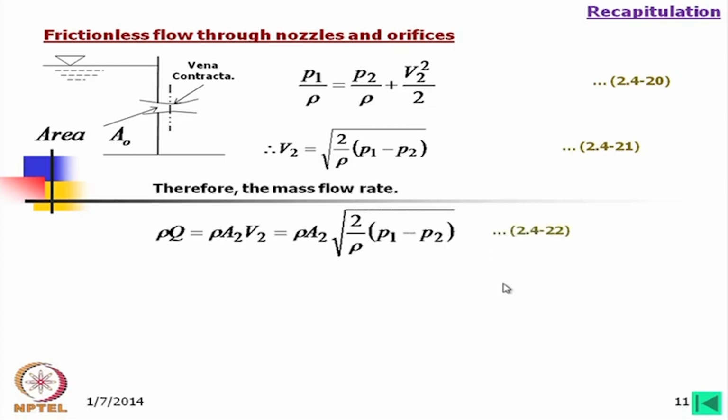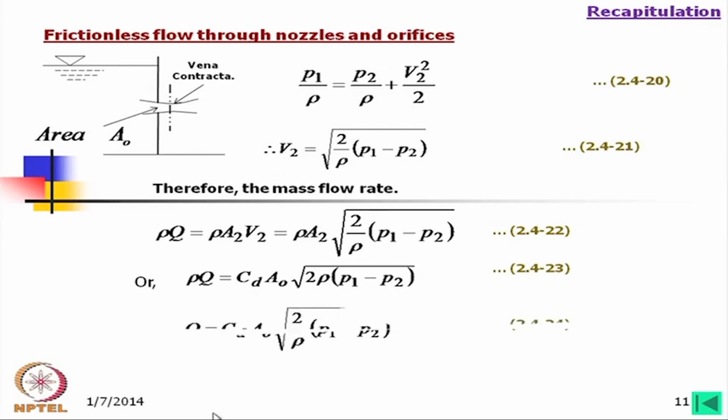The most useful final equation is the flow rate through any valve, where A0 is the area of the orifice, and P1 and P2 are the upstream and downstream pressures. In some cases you will find the downstream pressure is 0.